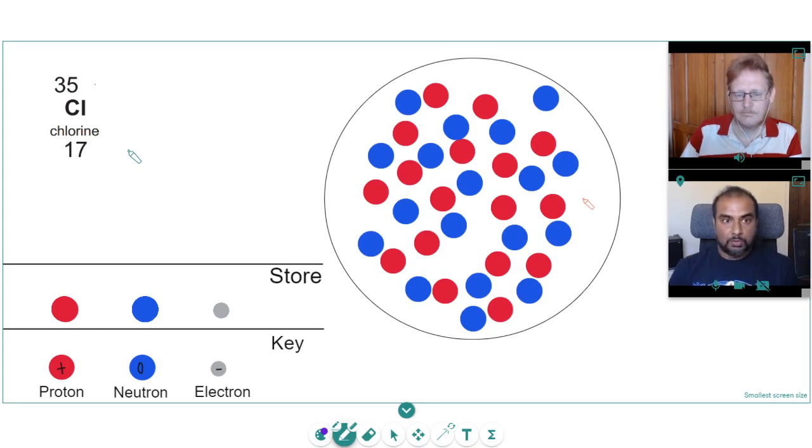And the other isotope of chlorine is chlorine 37, which is here. The only difference between chlorine 37 and chlorine 35 is that chlorine 37 has two extra neutrons, which we placed on here.